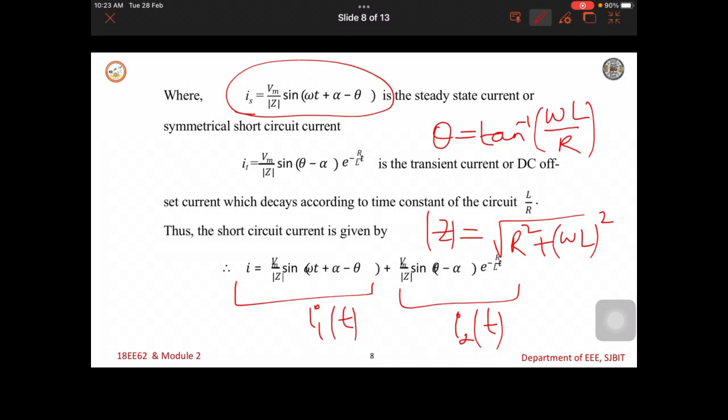This transient component is called the DC offset current. This causes the total short circuit current to be unsymmetrical till the transient decays. It is given by i2(t) equal to Vm by Z sin(theta minus alpha) into e to the power of minus R by L t. These two currents put together will be the current flowing in the RL circuit.